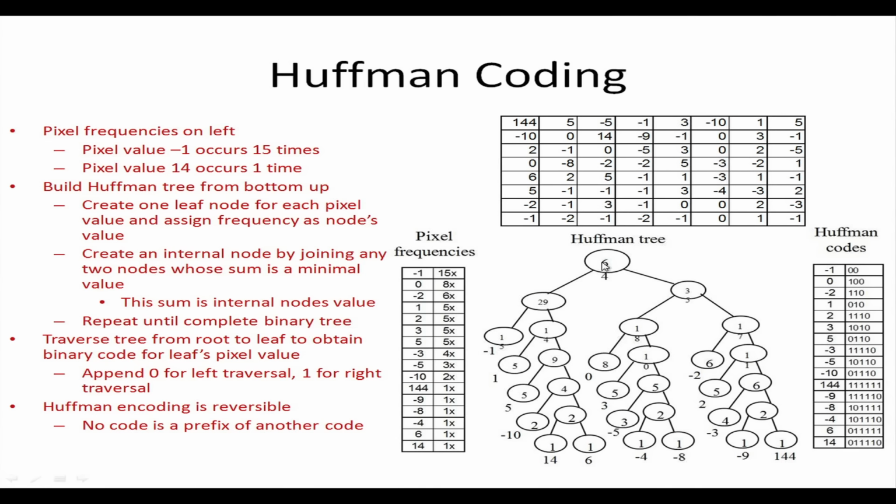And as I traverse, as I go to the left, it will be a 0, I will append a 0. As I go to the right, I will append a 1.